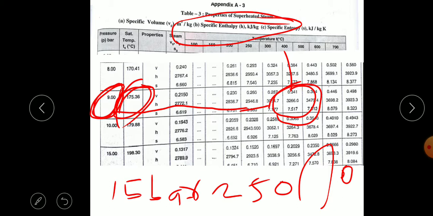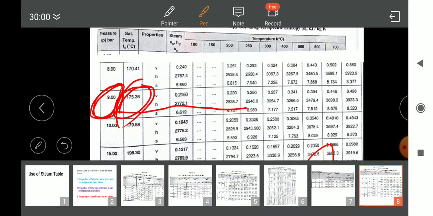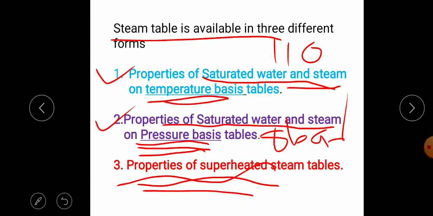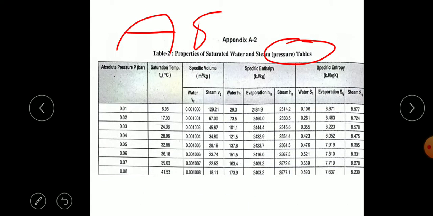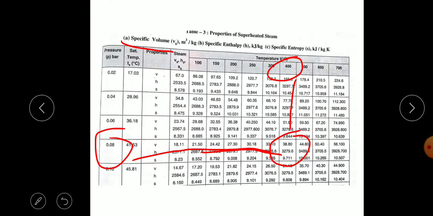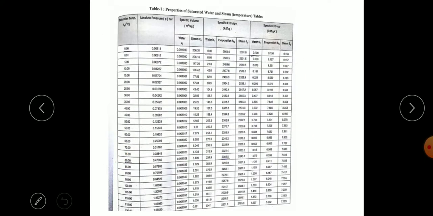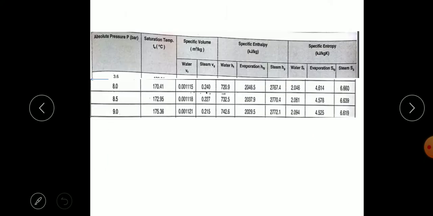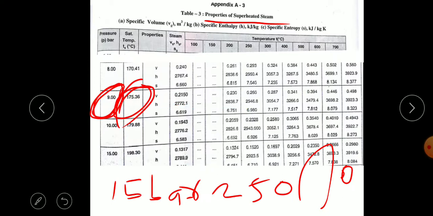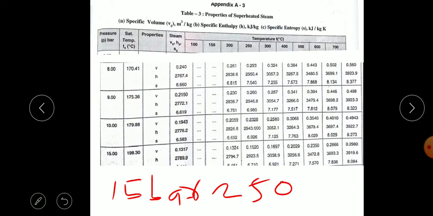Sometimes pressure and temperature both are given. Now we have to see whether the steam is superheated or saturated.